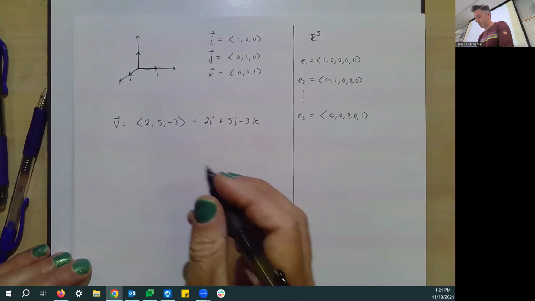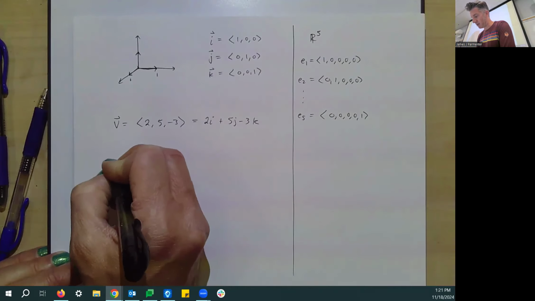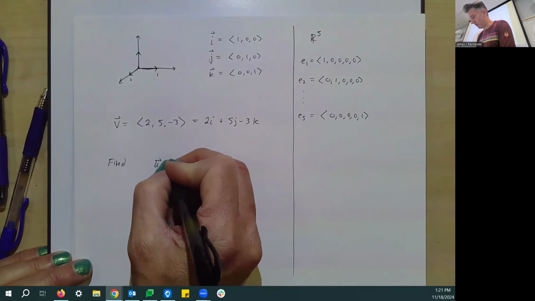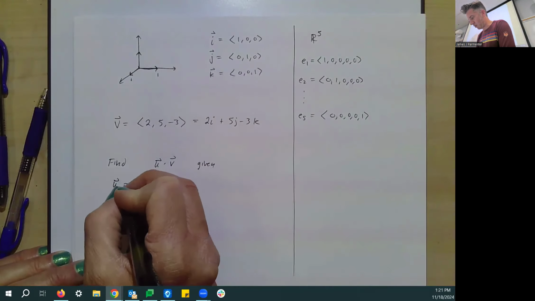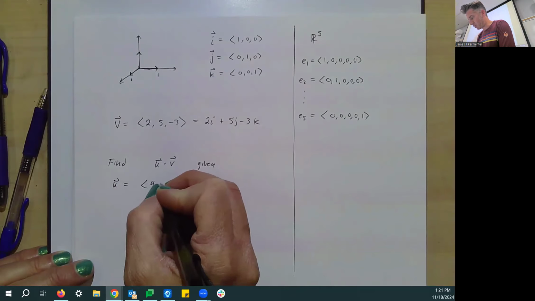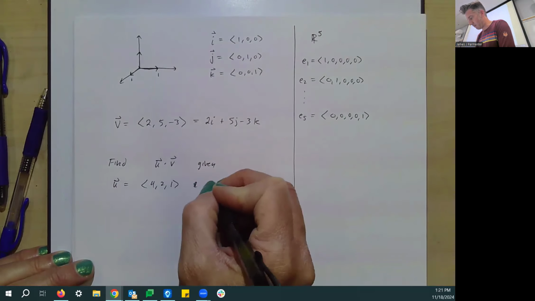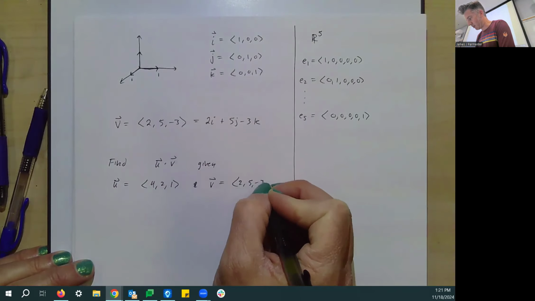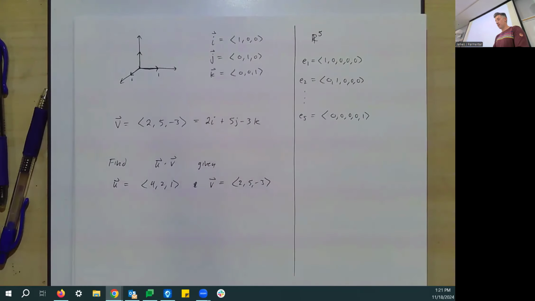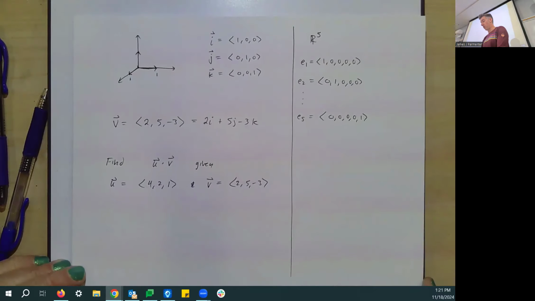So we could ask to say, like, I want to find u dot v given u equal to 4, 2, 1, and v equal to the vector above, 2, 5, -3. And the way we do this is very straightforward.